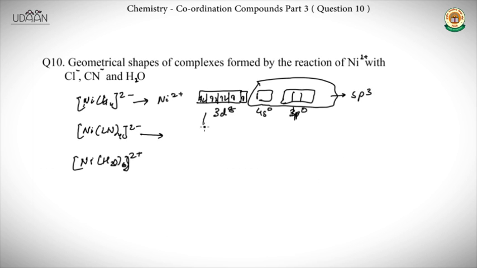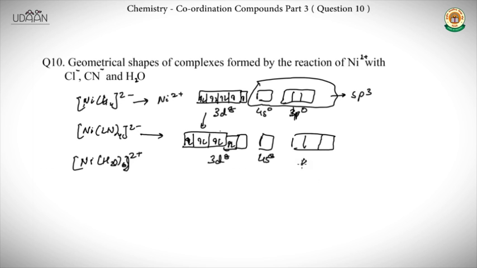[Ni(CN)4]2- will have the same 3d8, but it will have pairing in this case because we have a strong field ligand. Hence we have an empty d orbital, an empty s orbital and empty p orbitals. So in this case we will have dsp2, a square planar configuration. So this is tetrahedral, this is square planar.